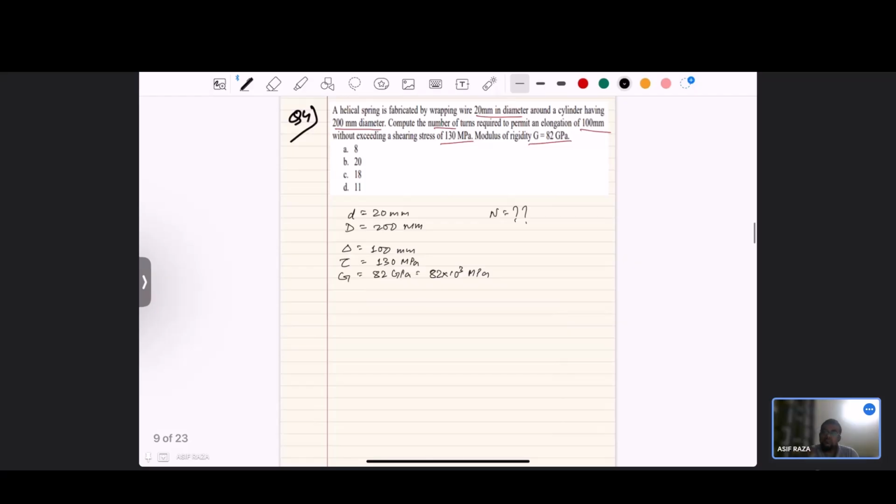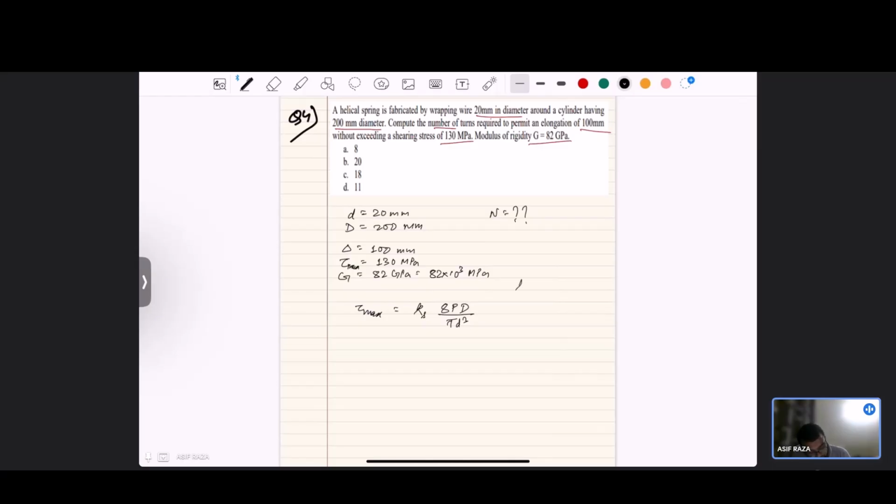Yeah, so this is the question. Now let us see. To calculate tau max, we use a correction factor times 8PD upon pi d cube.